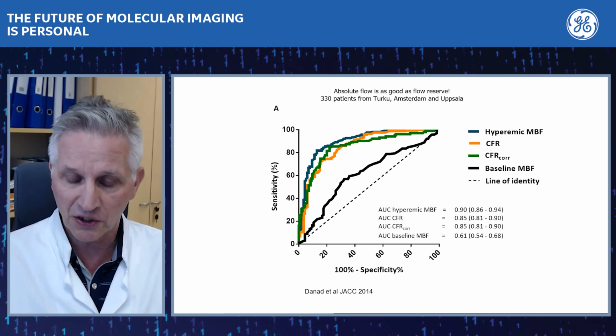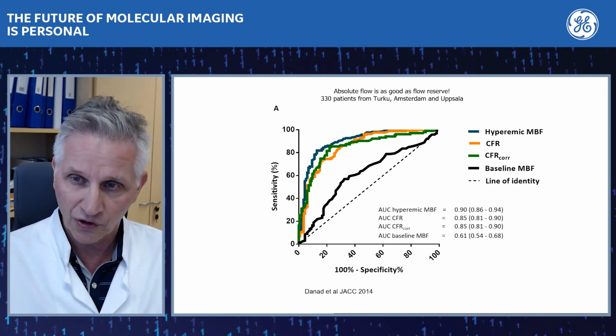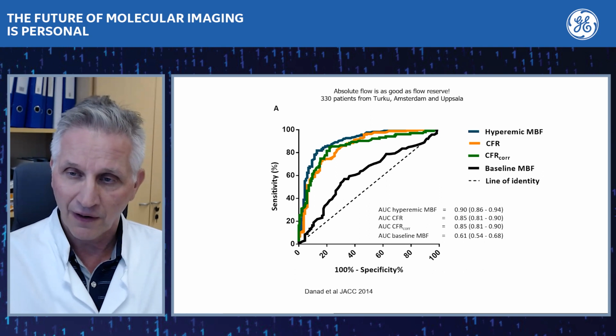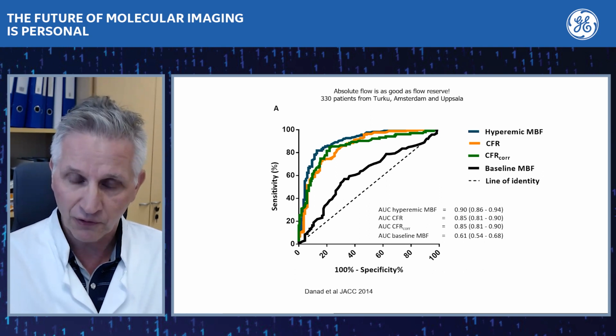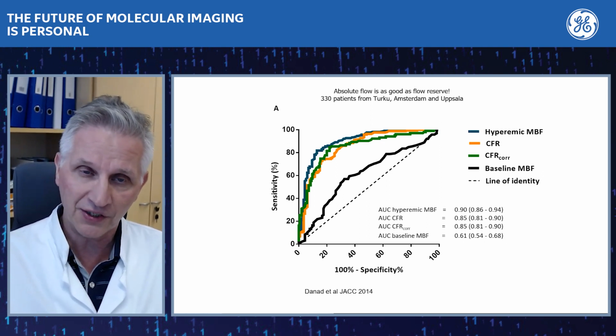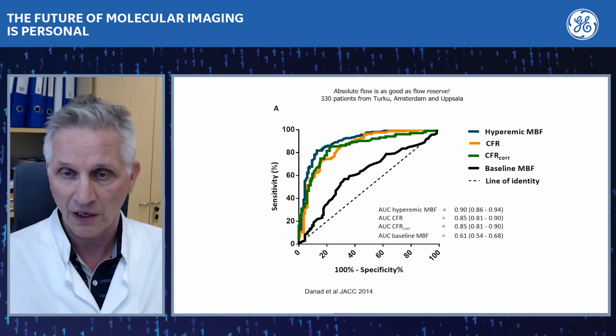But in most of the patients without any previous cardiac events, a stress-only approach is actually as accurate as rest and stress perfusion imaging. And that's because we use only the hyperemic myocardial blood flow as a criterion for normalcy, and we now know the cutoff values, what is normal and what is abnormal.